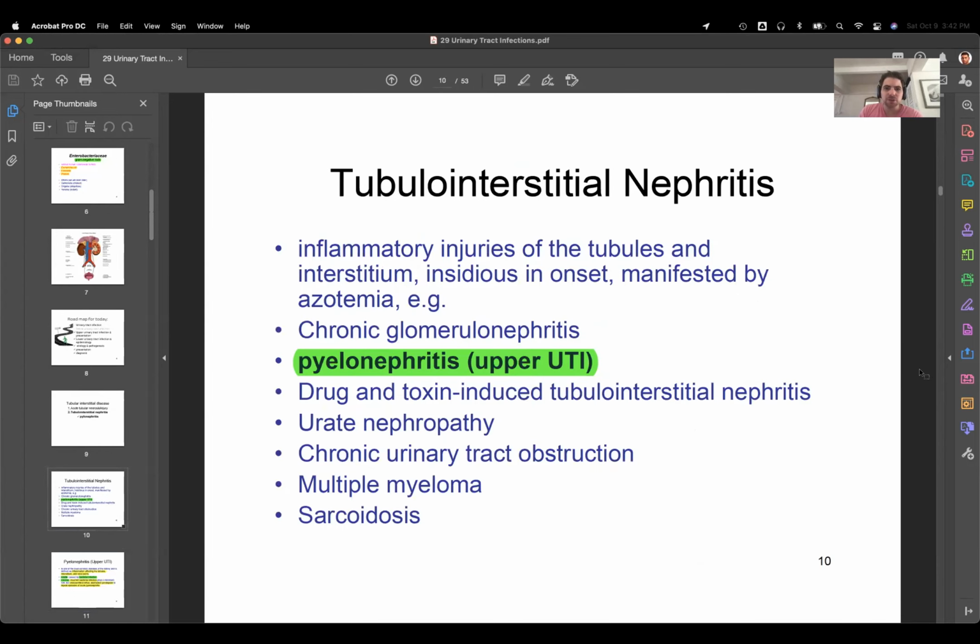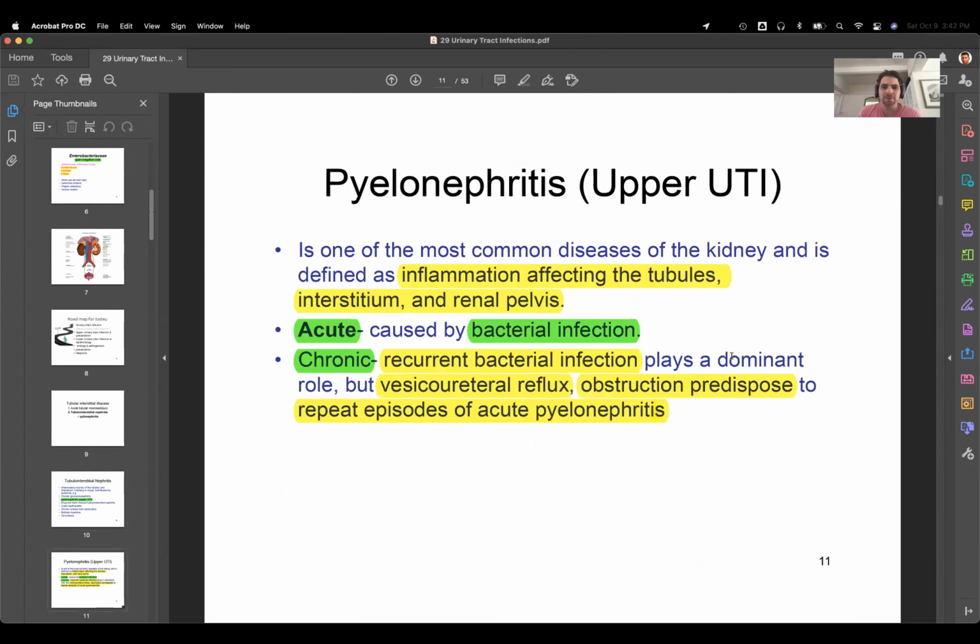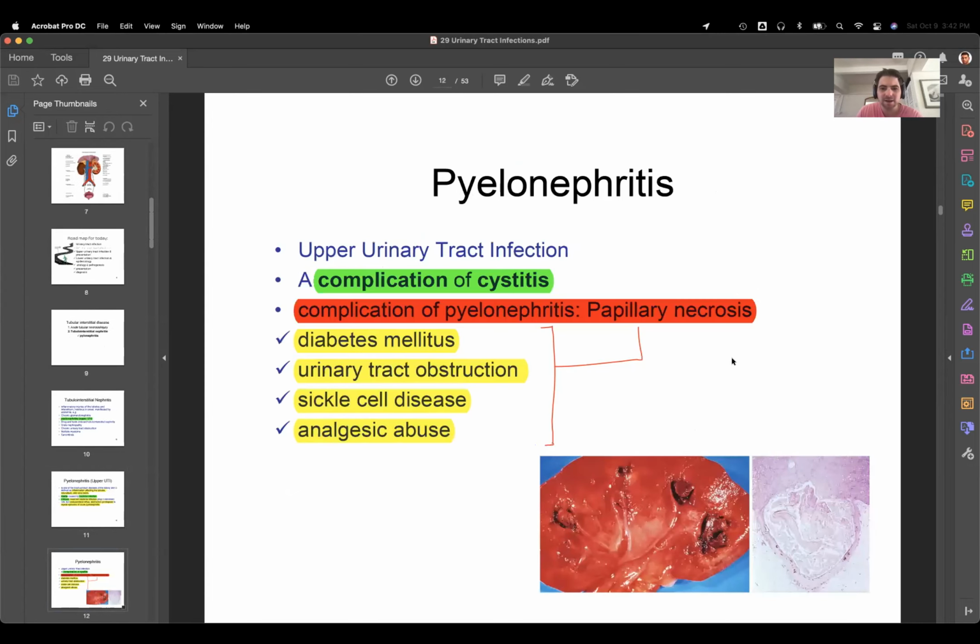So we can get into it, and these lower UTIs can lead up to pyelonephritis. Typically, they'll talk about costovertebral tenderness, and it can even lead to things such as papillary necrosis, which is like sloughing off of the papilla or the tubules.